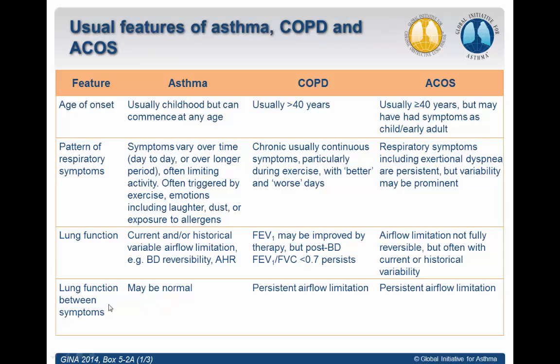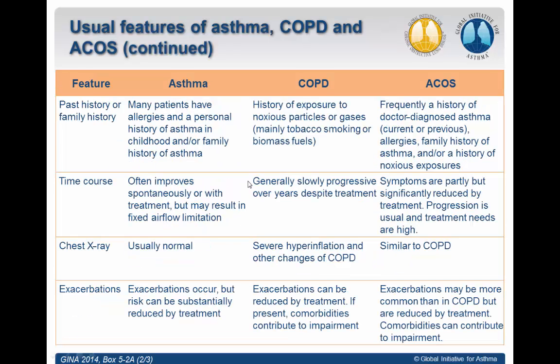And the lung function for asthma could be normal, but in COPD, there's a persistent airflow limitation. Past medical history in asthma, they tend to have any type of atopy. In COPD, basically, you have to look at alpha 1 antitrypsin deficiency in the family, the same as here. Time course improves spontaneously after bronchodilator therapy, and in COPD is slow and progressive.